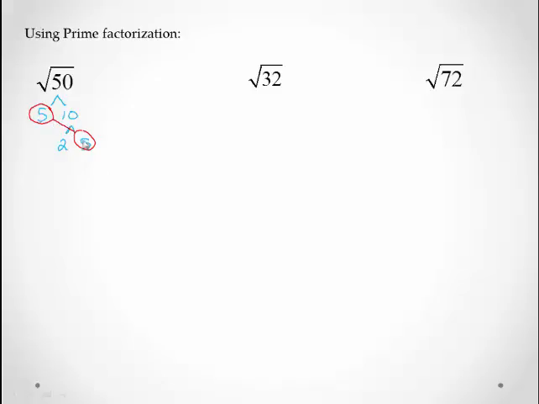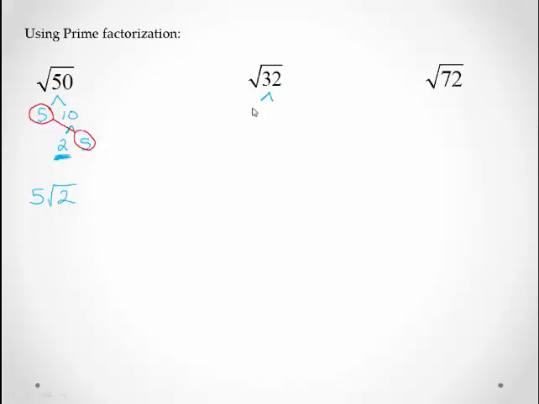I kind of think of it like if you match, you get to pair up and go out on a date, and the two become one. So these two 5s will become one 5 because I'm going to take the square root of it. And unfortunately, this 2, he didn't pair up with anybody, so he's kind of lonely and he has to stay home. So the square root of 50 is 5 root 2, which is the same answer that we got before.